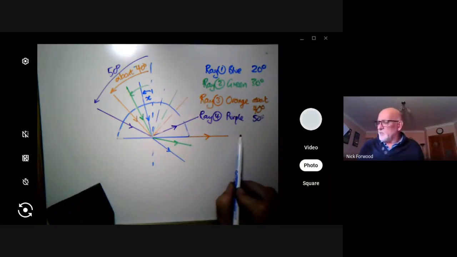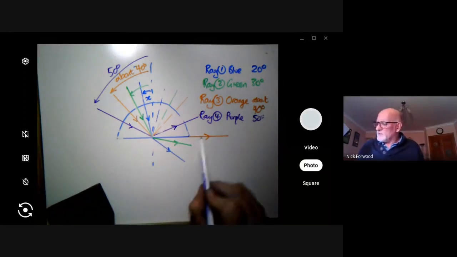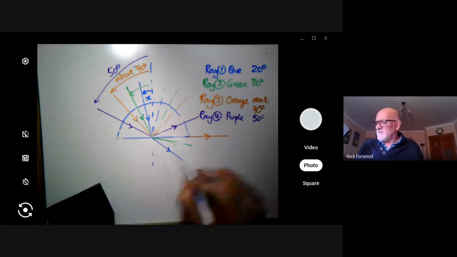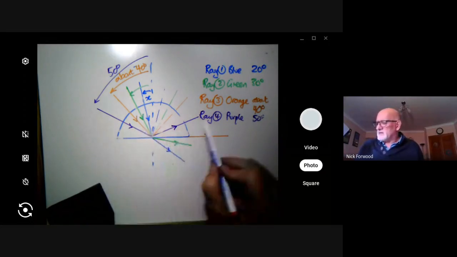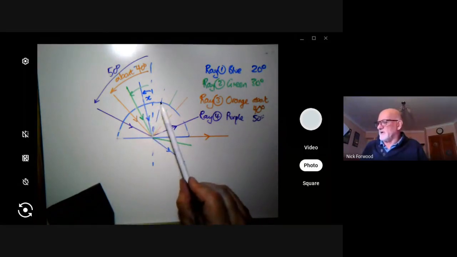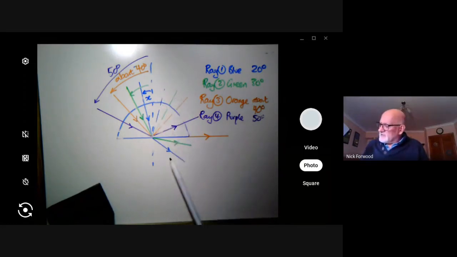But the purple one, none of it comes out into the air straight away, and the purple one, 100% of that beam of light gets reflected inside the block, and that's why it's called total internal reflection. You can probably work this out, that the blue one's called partial internal reflection, 10%-ish, say 30%, say 70%. These are the rays of light that come out.